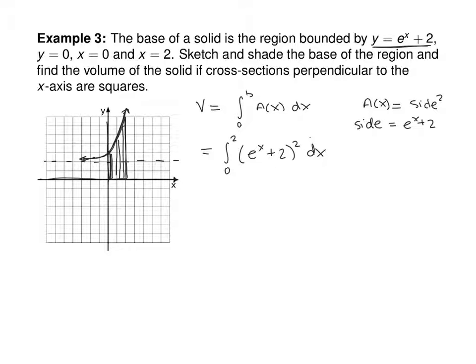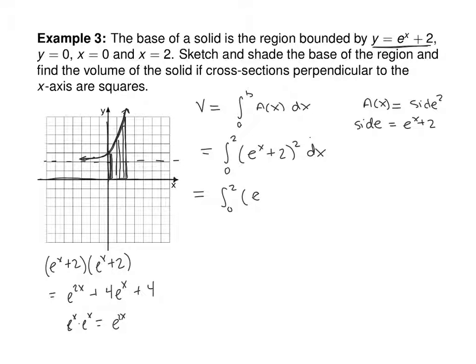And then it's pretty much basic integration. Expand: e to the x plus 2 multiplied by e to the x plus 2 is e to the 2x plus 4 e to the x plus 4. Notice that when you multiply e to the x times e to the x, those exponents add.